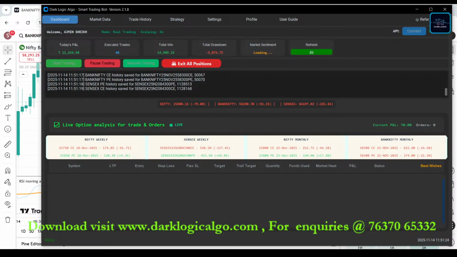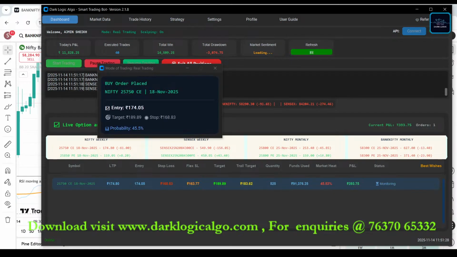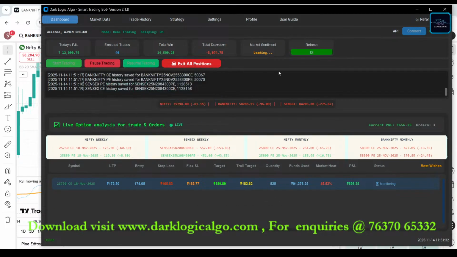Whenever the bot catches profit in the downtrend or uptrend, we got another position over here. You can see Nifty 25,750 call side. Our entry was 174 and the position is running.